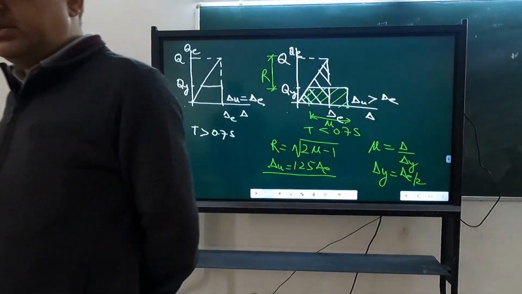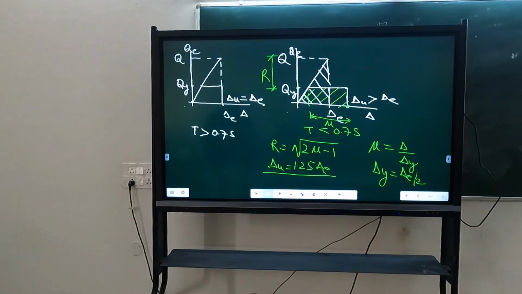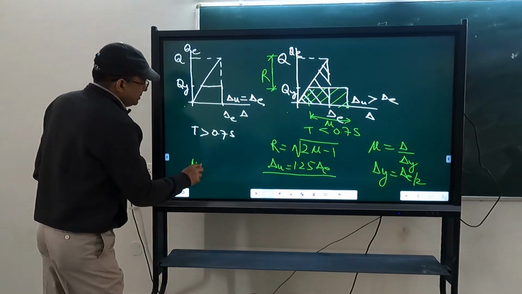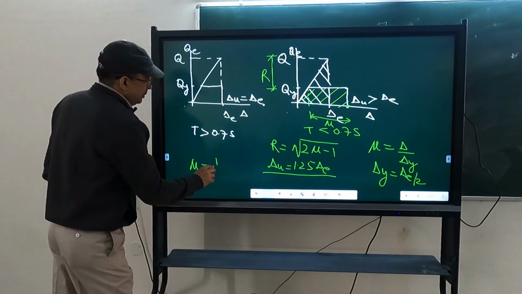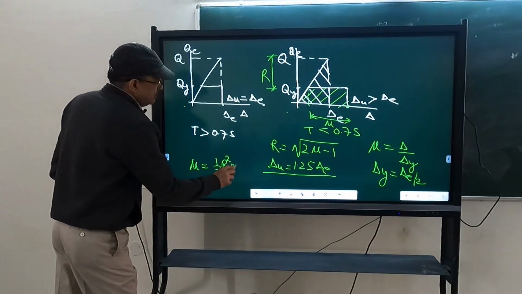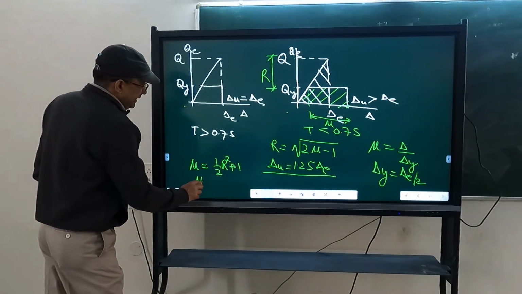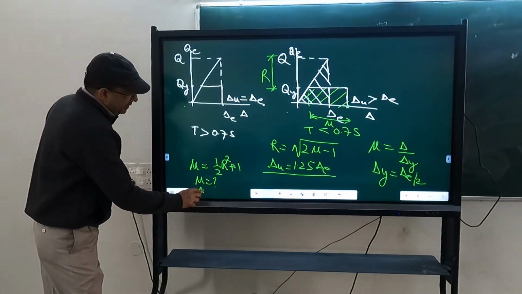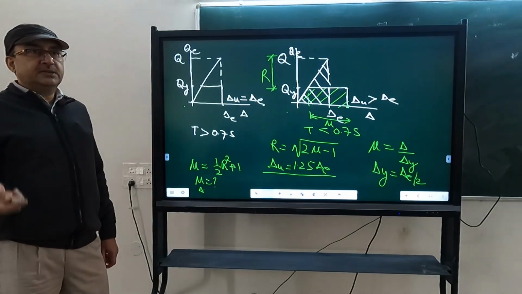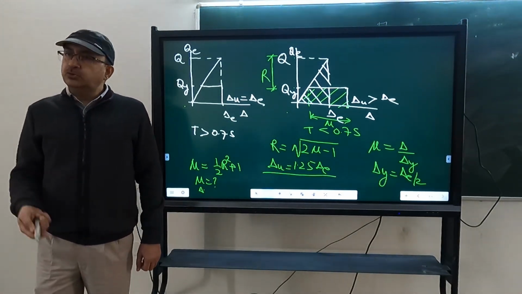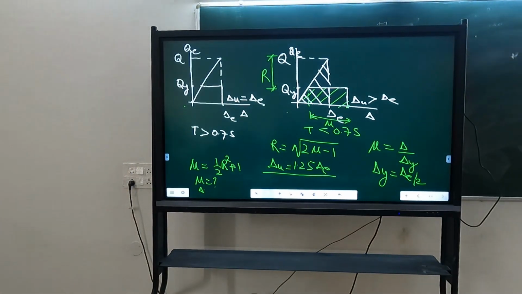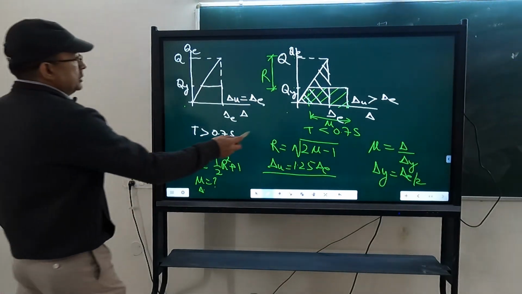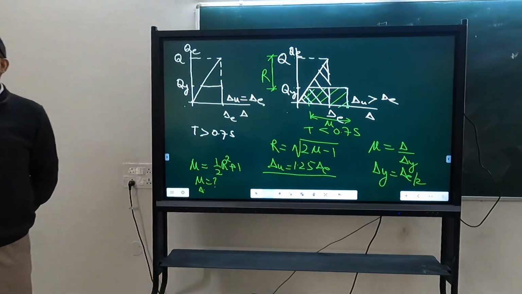Could you get it, Vijay? Substitute R, calculate mu. It's simple. Mu is equal to (R squared plus 1) upon 2. Substitute R is equal to 2, you can get mu. Then you can calculate delta U in terms of delta y, and substitute delta y is equal to delta E by 2. You will get it. You square it and take it this side, you will get mu.